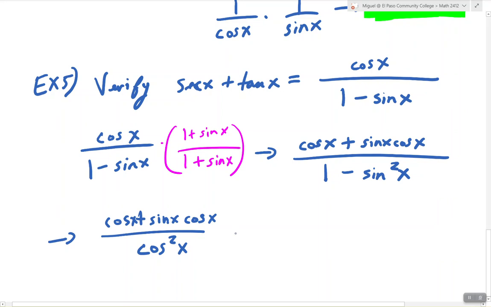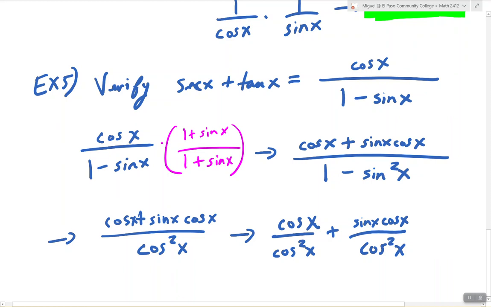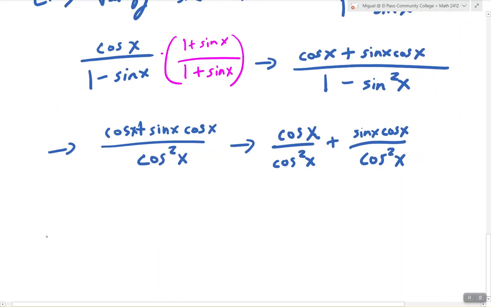So this is going to be cosine over cosine squared plus sine cosine over cosine squared. Then reduce each one. The first one will be 1 over cosine. The second one will be sine over cosine.